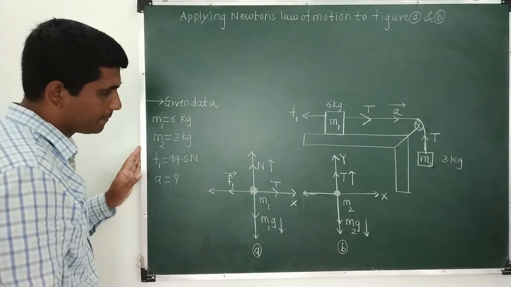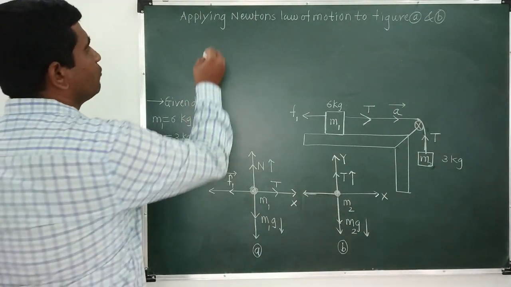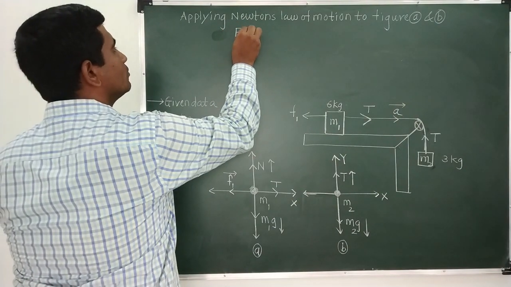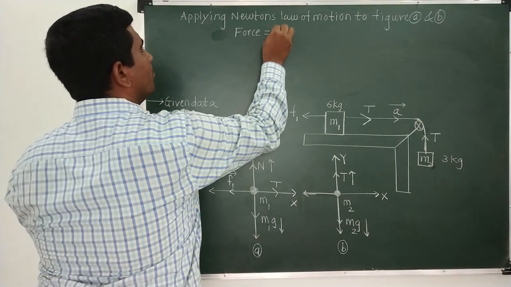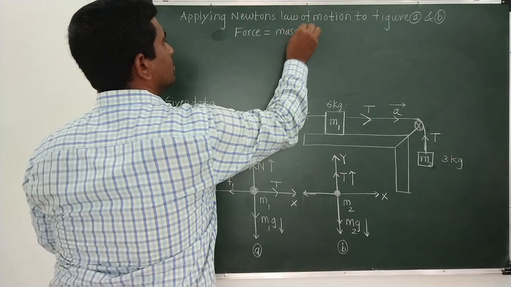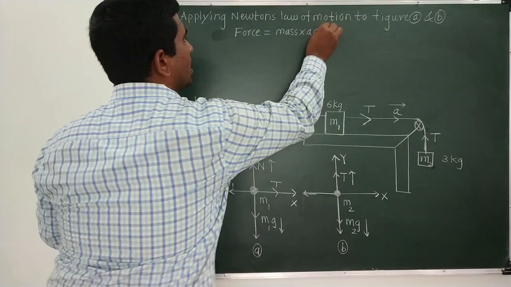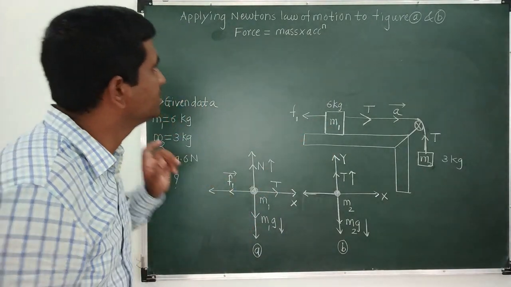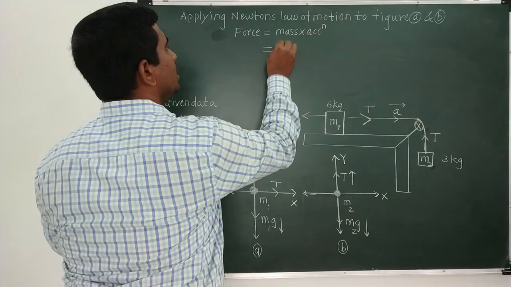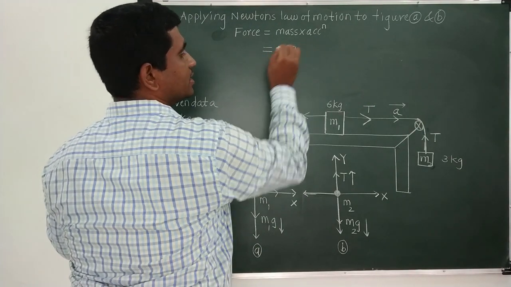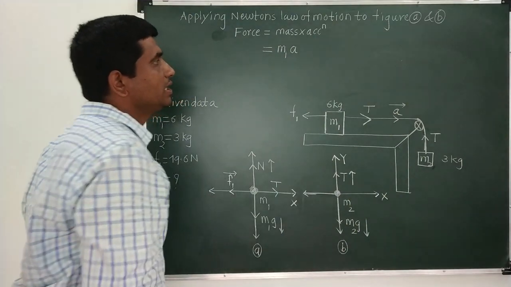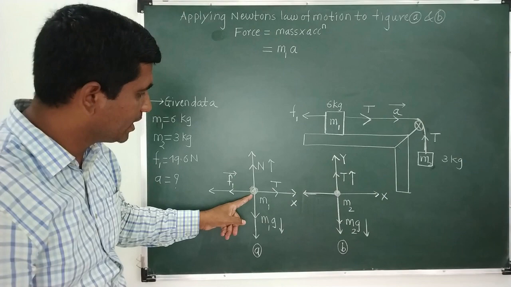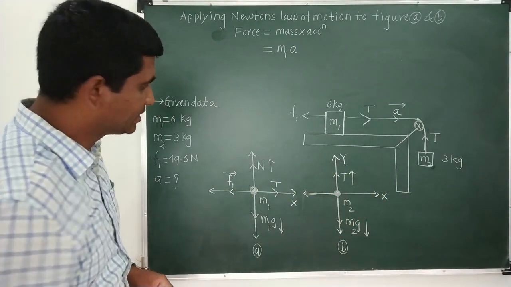Now see, what is the net force acting on this? We know Newton's law of motion: force is equal to mass into acceleration. The mass of the first block is m1, and the acceleration of the block is a, so it is m1a. This block is kept at this point and the motion is in the x direction.